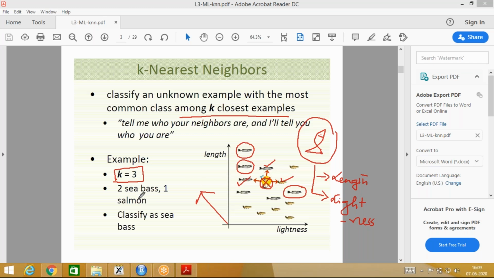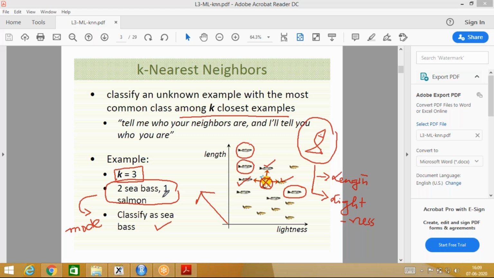Based on that, if there are 2 sea bass and 1 salmon, whatever is the mode, you classify it as that. So you classify it as sea bass. The central tendency of the closest 3 examples is what you consider as the contributing factor, and you find the mode of those closest 3 items.